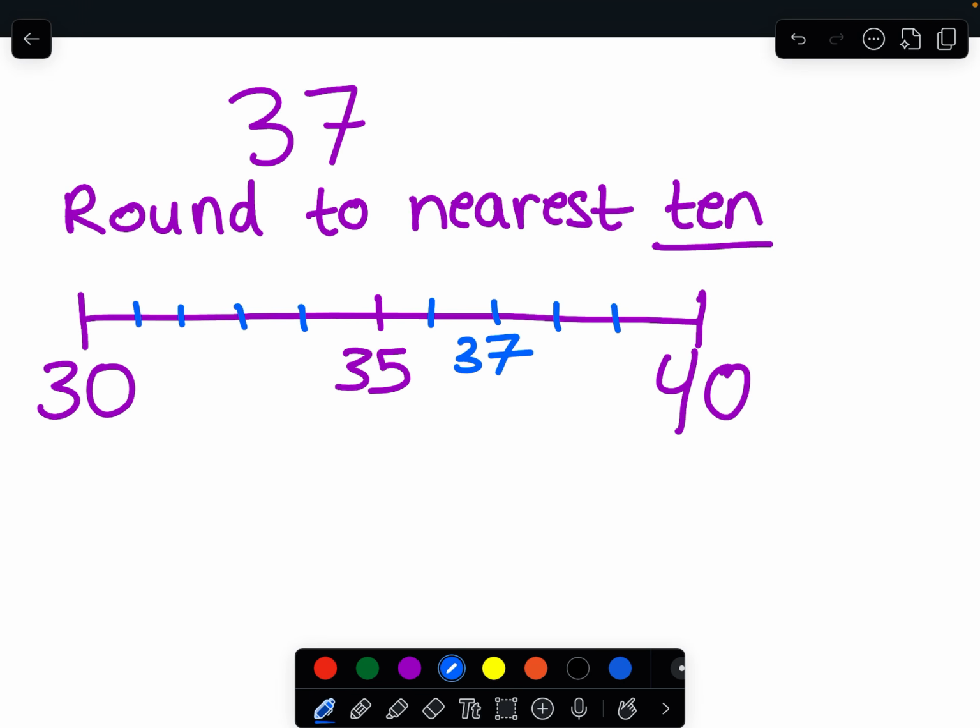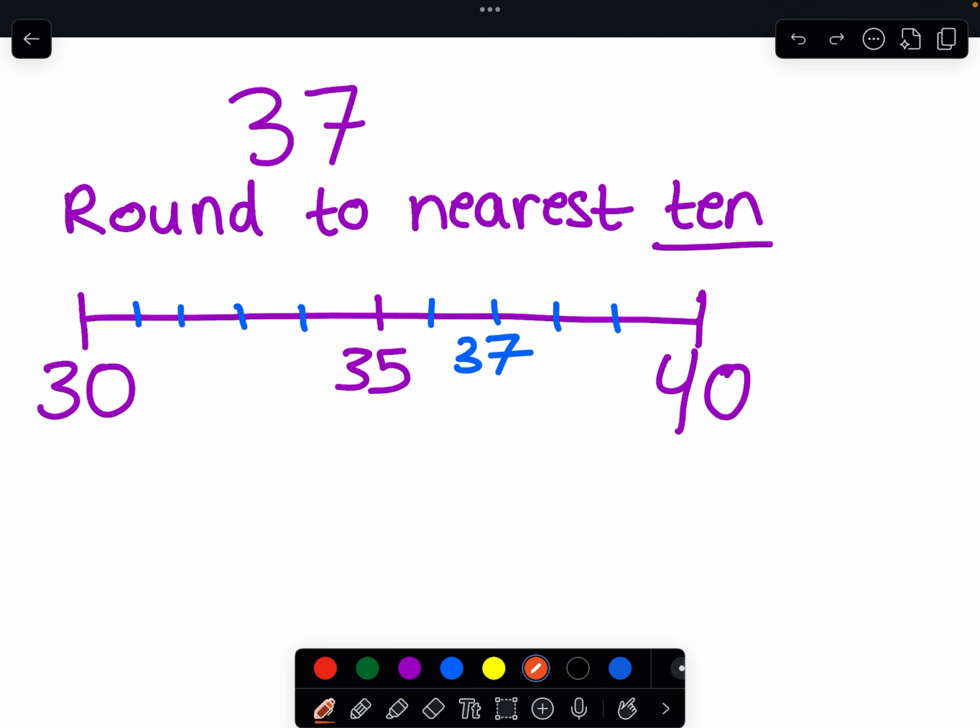Now, is 37 closer to 40, or is it closer or nearer to 30? Well, this number line drawing shows us that it is definitely closer to 40, meaning that the nearest 10 is 40.